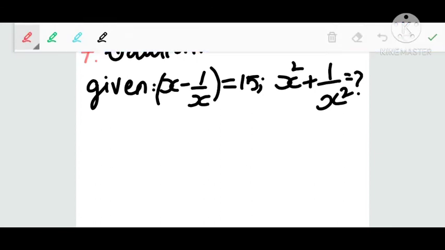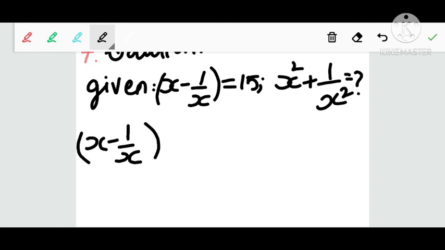Through the given values itself, I take x minus 1 by x the whole square is equal to x square plus 1 by x square.